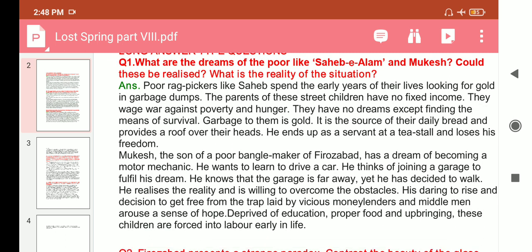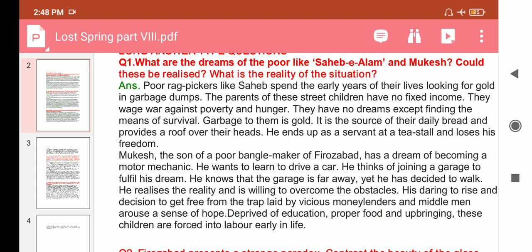Answer: Poor rag pickers like Saheb spend the early years of their lives looking for gold in garbage dumps. The parents of these street children have no fixed income.